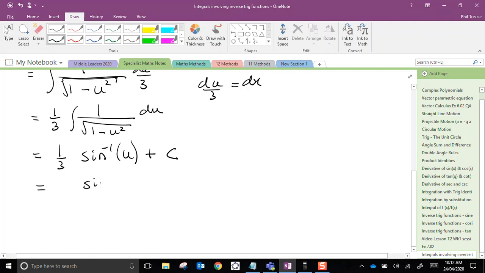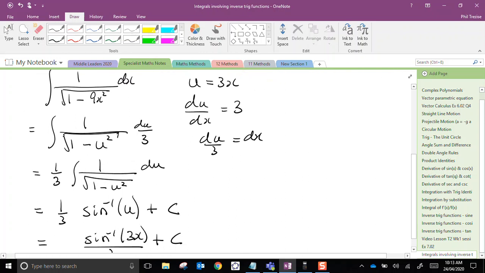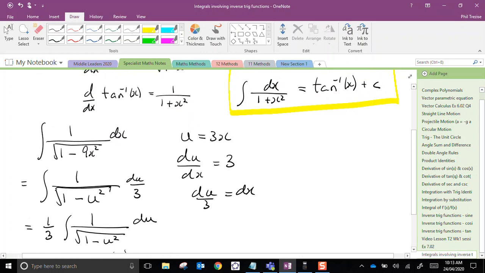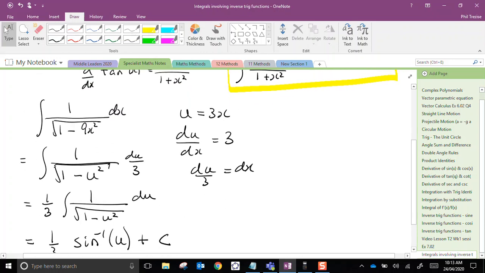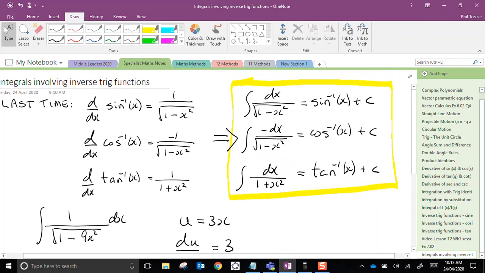So writing this in terms of the original variable, u equaled 3x. I didn't forget my third, I'll just put over 3 plus c. So there's a reasonably nice little example of how we can still use our substitution technique and combine that with our new formulae we've got here for these ones.